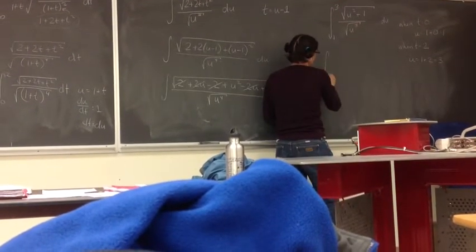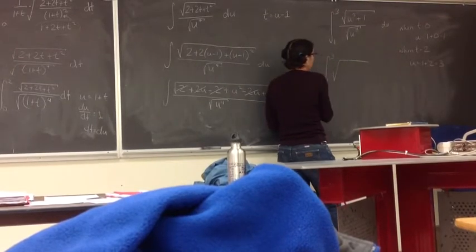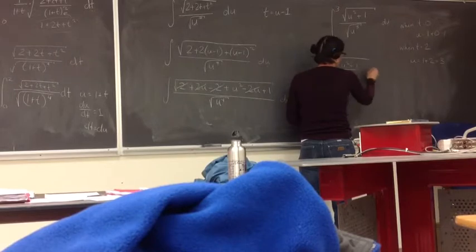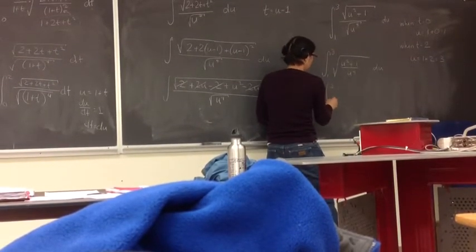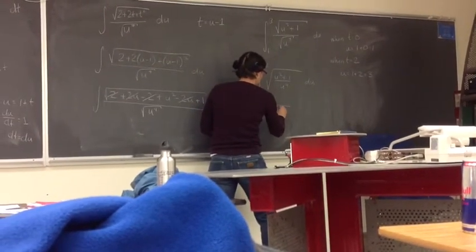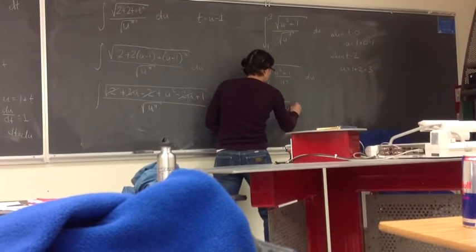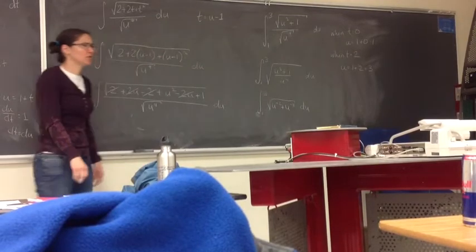And so we have the integral from 1 to 3 of, I can now split up the square root and have u squared plus 1 over u to the 4th. And then I've got my integral from 1 to 3, and I've got square root of u to the negative 2 plus u to the negative 4. I'm not sure if that helps me very much. No.